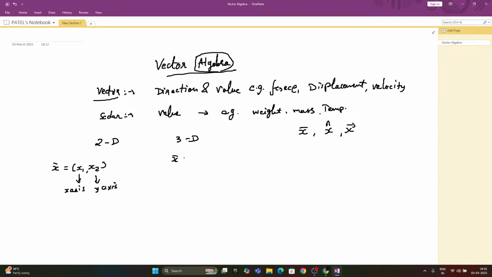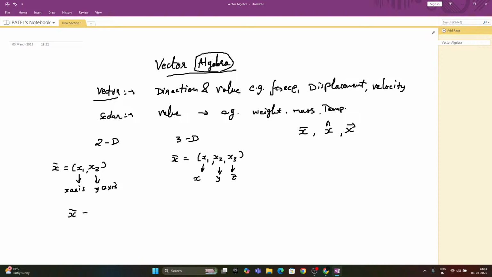Similarly, for three dimension, x1, x2, x3, where x1 is from the x-axis, x2 from the y-axis, and x3 from the z-axis. It is in coordinate form.